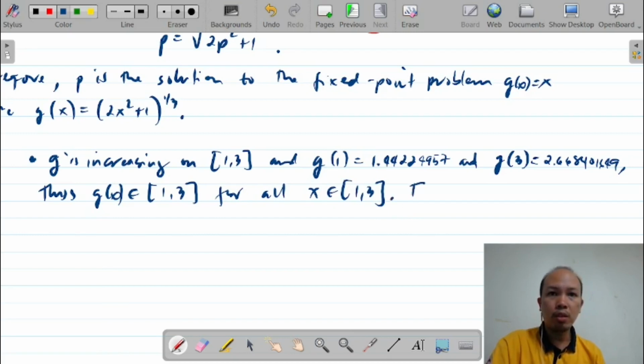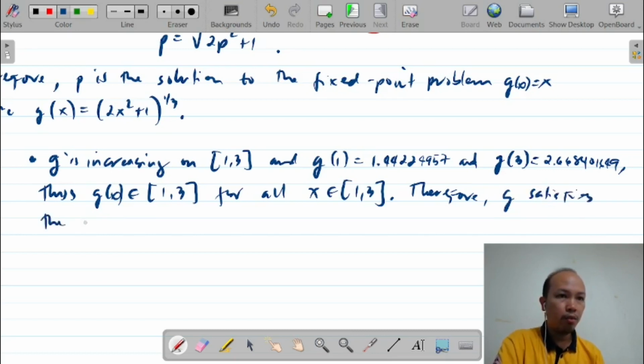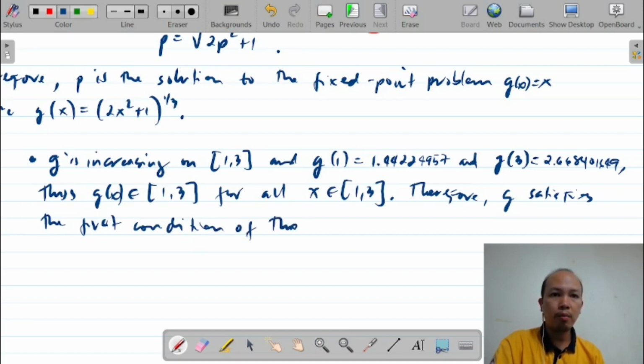So this concludes that it satisfies the first condition of theorem 40.